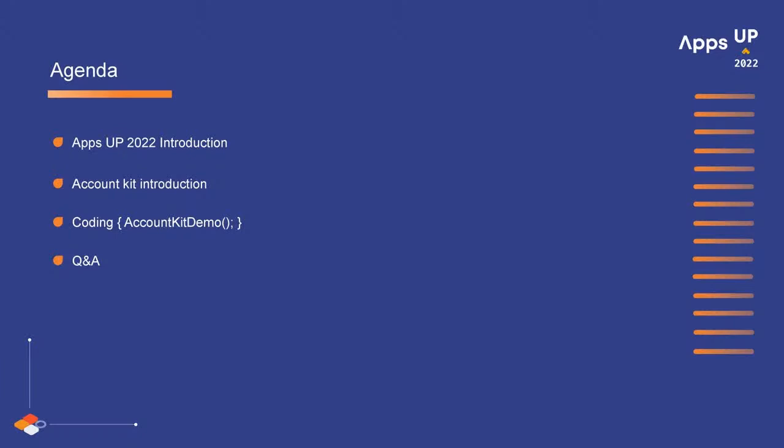The third part will be a coding section where I'm going to be coding live from scratch an Android app integrated with Account Kit and demonstrate all the steps that you need to follow to integrate Account Kit. Last but not least, I'll try to answer your questions.